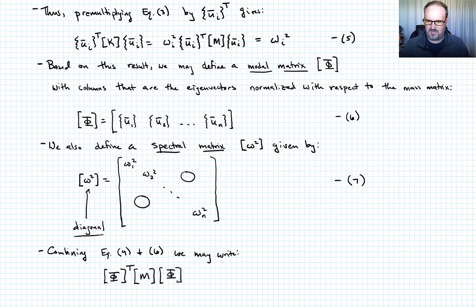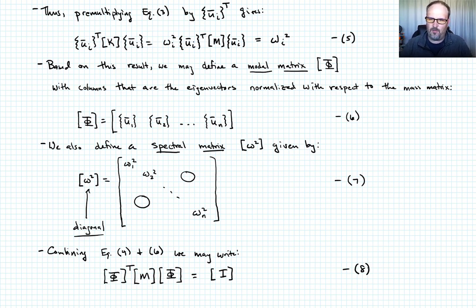Where remember phi is just columns of the eigenvectors. So if a single eigenvector yielded 1, right? So I can't show you equation 4 because it's out of the screen now. Then you probably expect this quantity to be 1 on the diagonals, and you'd be right. And this just becomes the identity matrix. Let's call that equation 8.